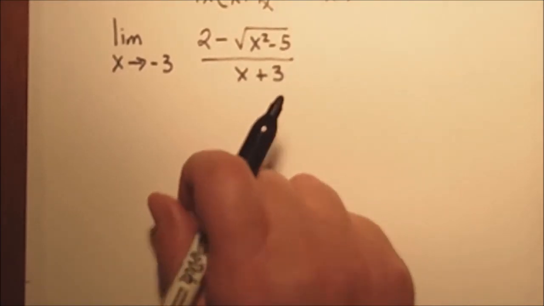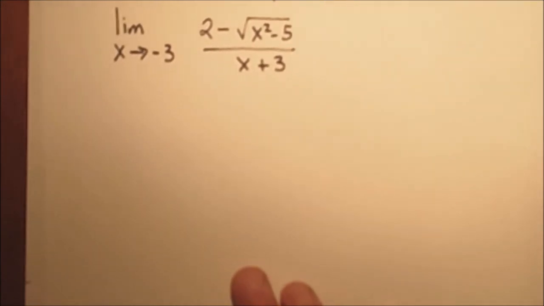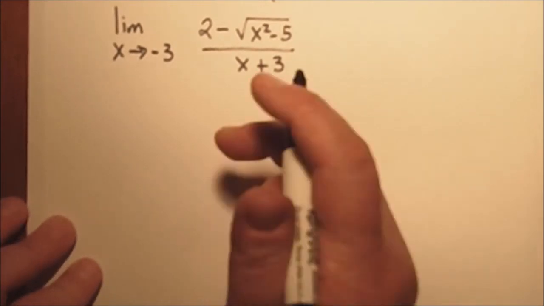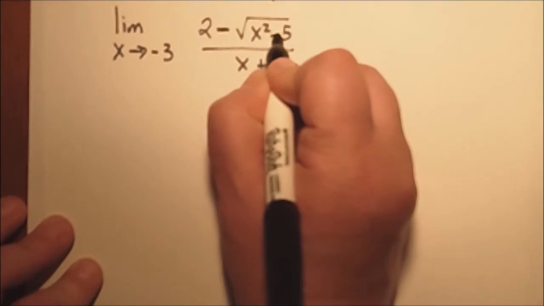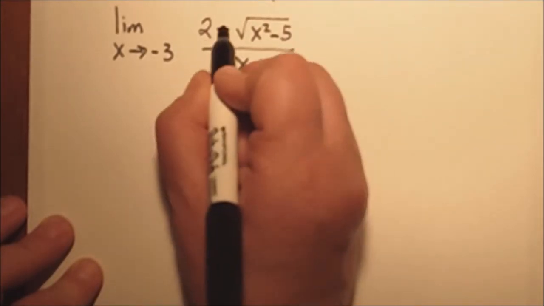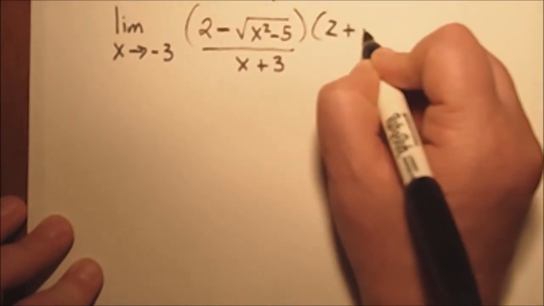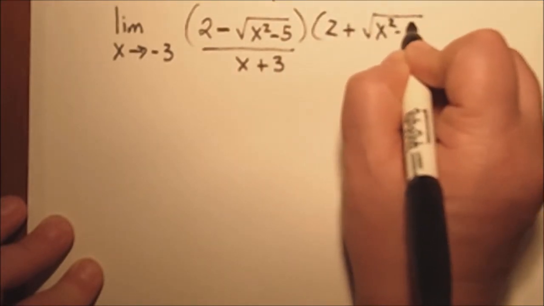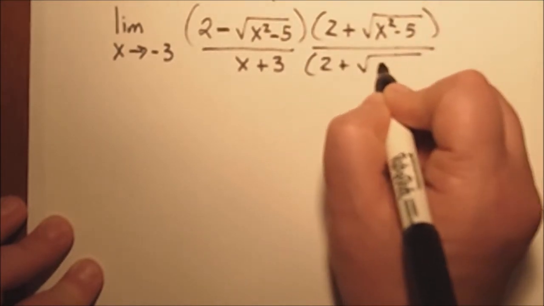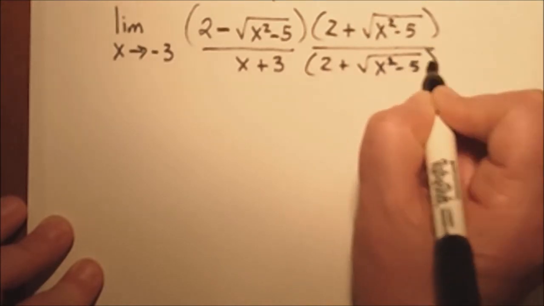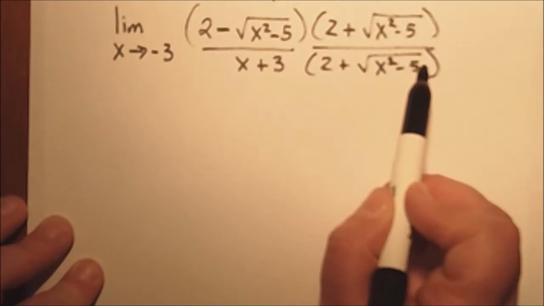So, my best option is to change the appearance without changing the value by multiplying by 1. And anytime you have an expression with a radical, you should immediately think of the conjugate. So the conjugate in this case would be 2 plus radical x squared minus 5. And I have to multiply by 1, so luckily this whole thing divided by its equal gives me 1.